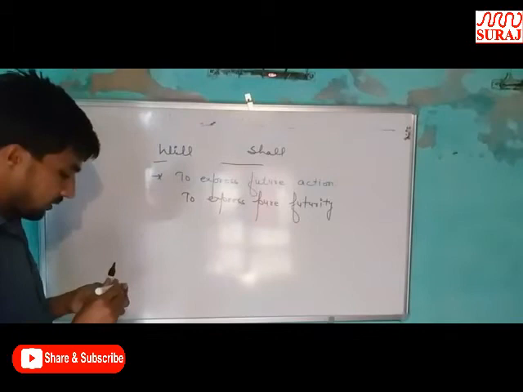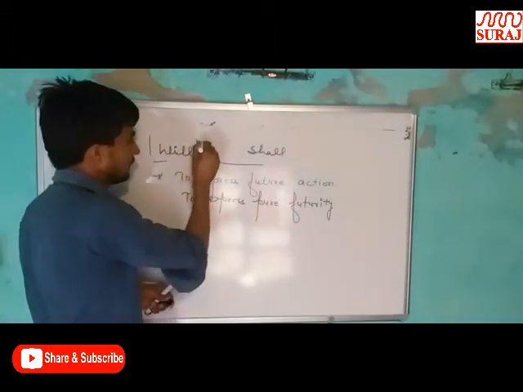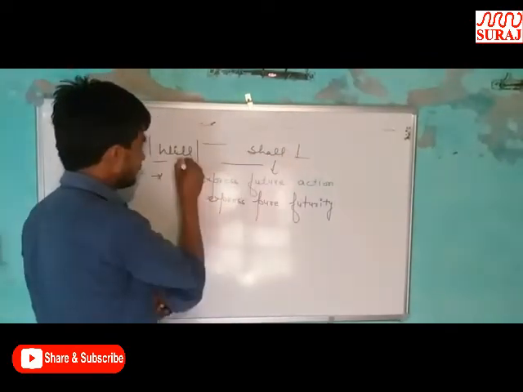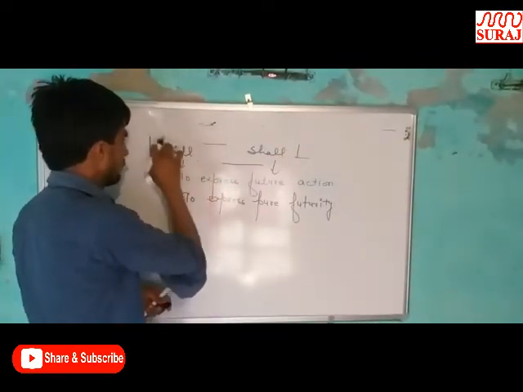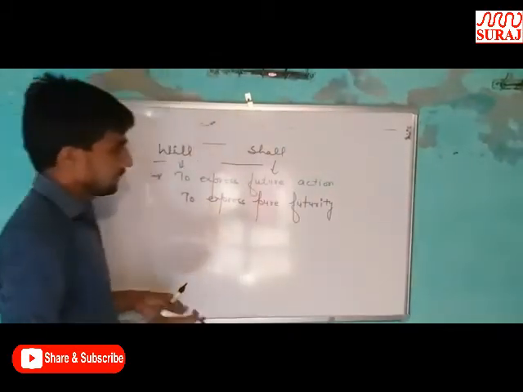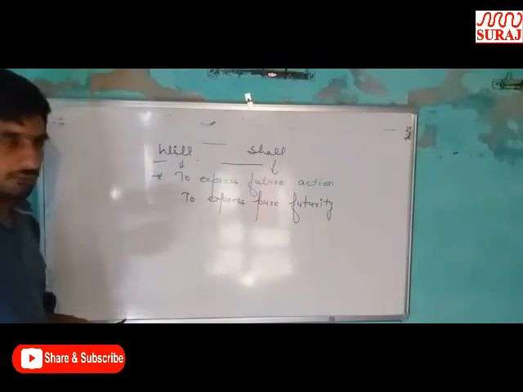After that, we will discuss the difference between shall and will. Both are used to express future action, but let us see in which way we can use the modals shall and will.